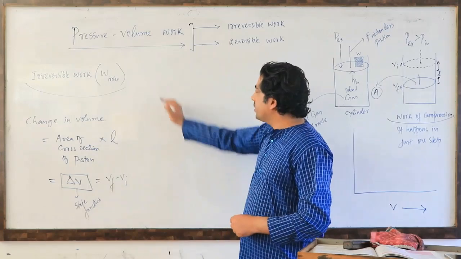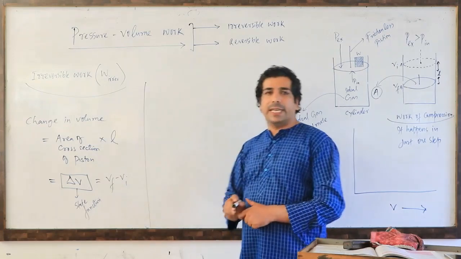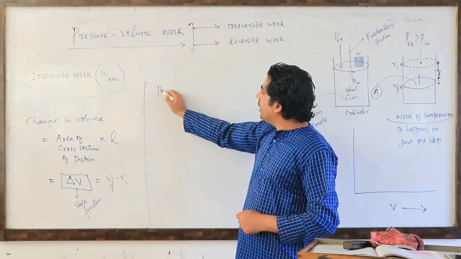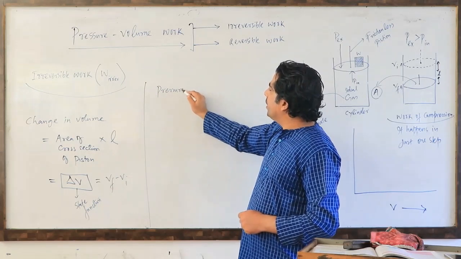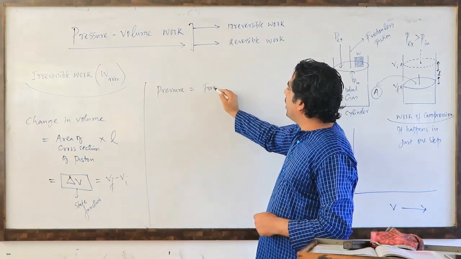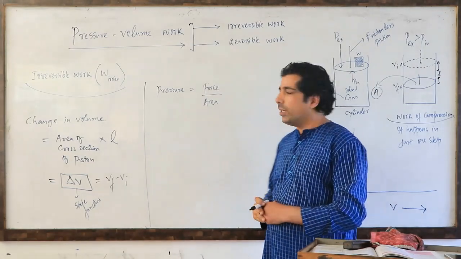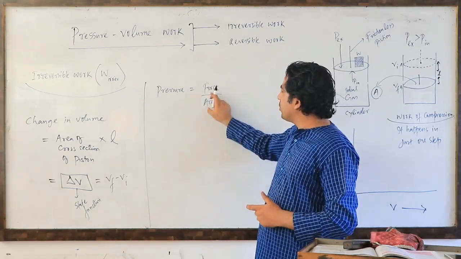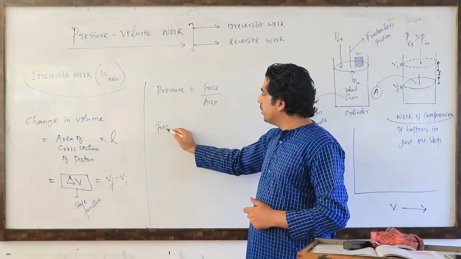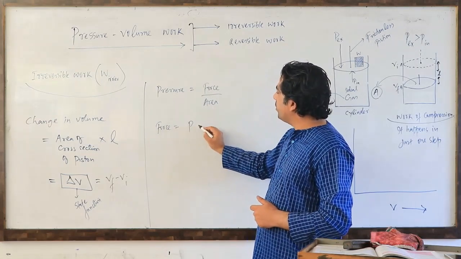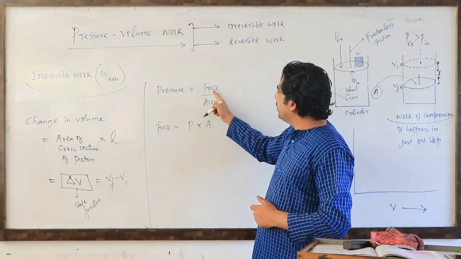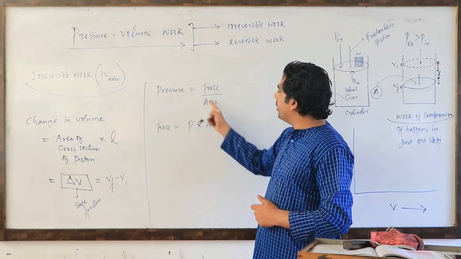So my dear friends, afterwards what we are going to do is that everybody knows that pressure is equal to force per unit area. Now what is happening here? If I talk about force, then force is equal to pressure into area.